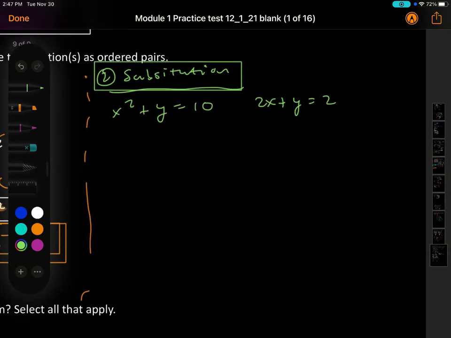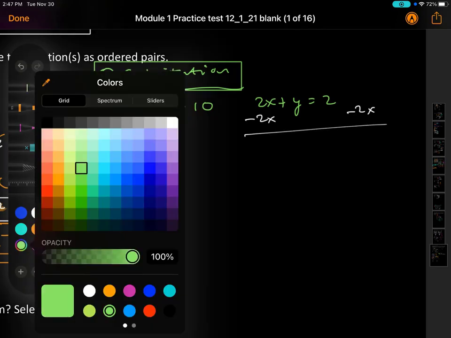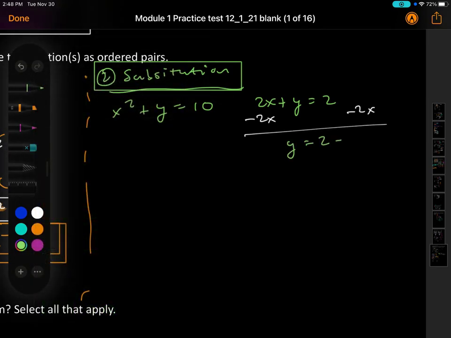I'm going to subtract 2x, and now you're going to get y equals 2 minus 2x. I'm going to take that and put it into this second one right here. See this? So that would become 2 minus 2x.